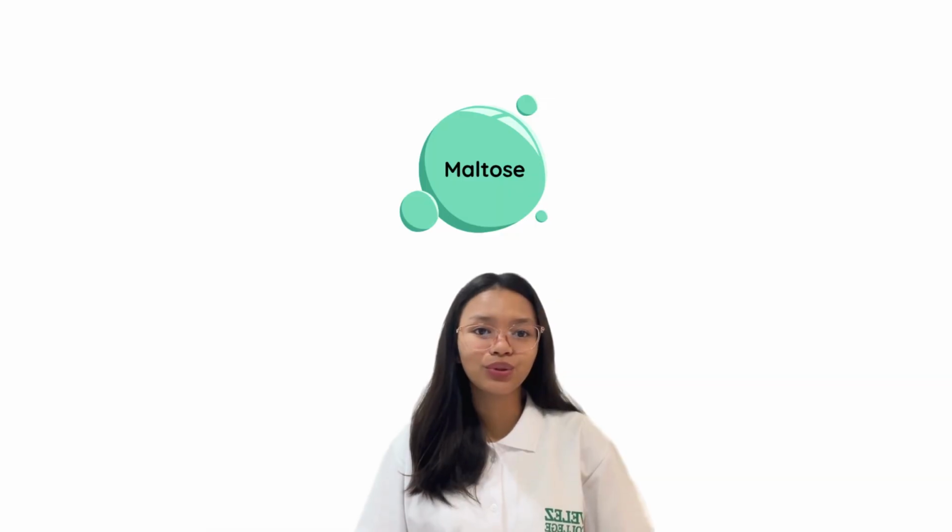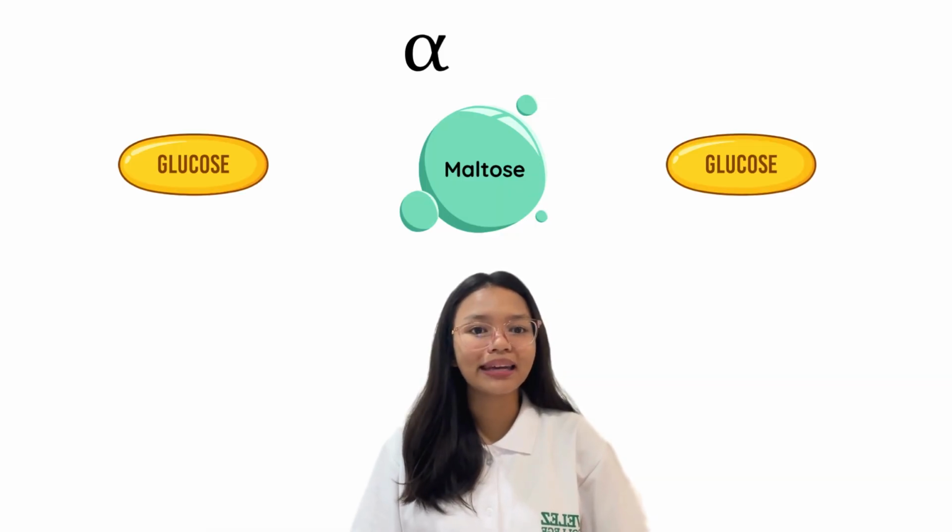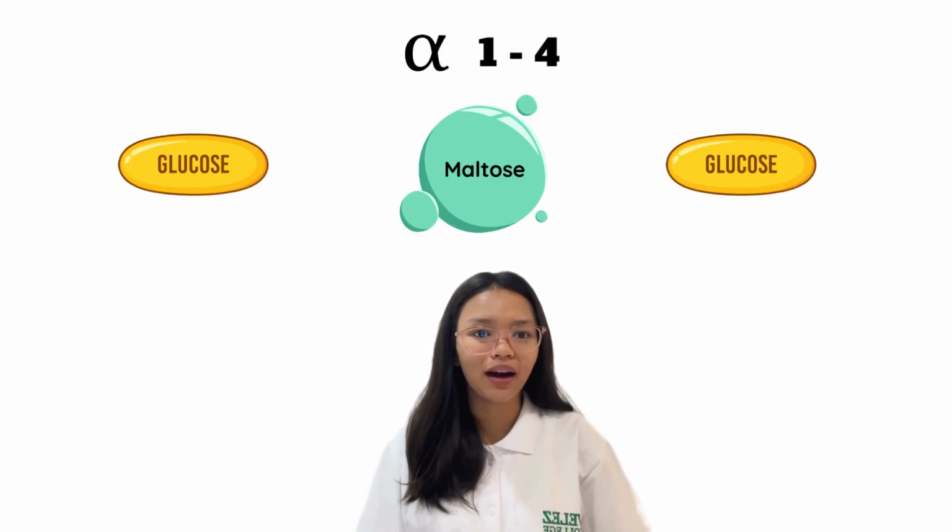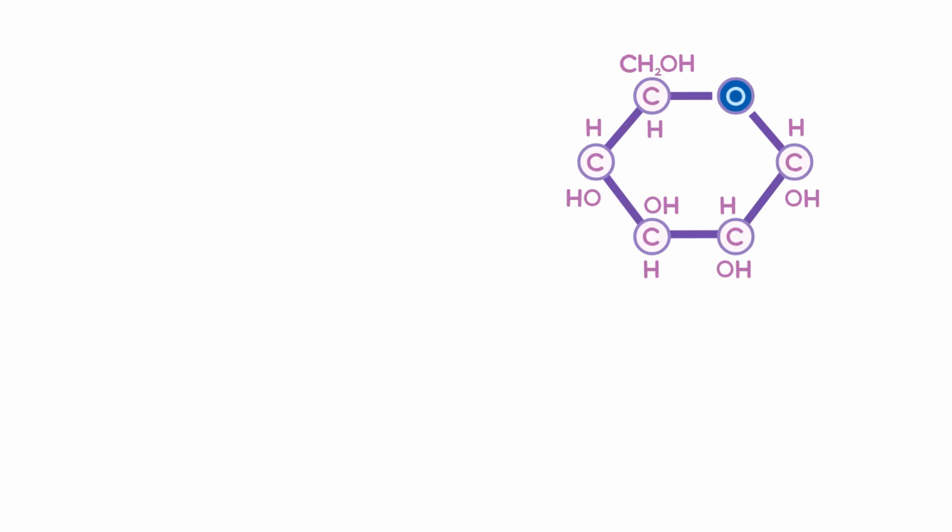Now let's learn how to write the systematic names of disaccharides. Let's start with maltose. We have discussed that maltose is made up of 2 glucose units linked by an alpha 1,4 glycosidic bond. Keeping that in mind, let's build its systematic name. We start with the acceptor sugar. This is the glucose that retains its free anomeric carbon.